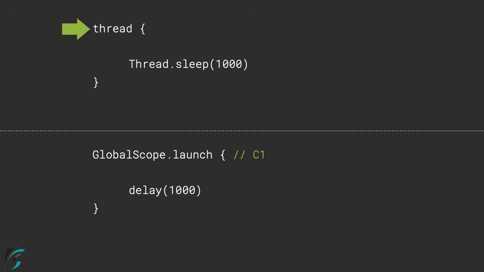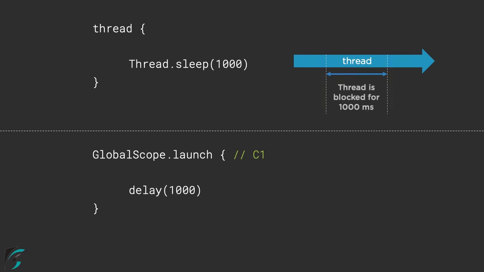So here, when this code is executed, a thread is created. But when the Thread.sleep function is executed, then for 1 second, your thread will be completely blocked. Meaning, for this time frame, your thread won't be able to do other tasks. It gets busy, right?